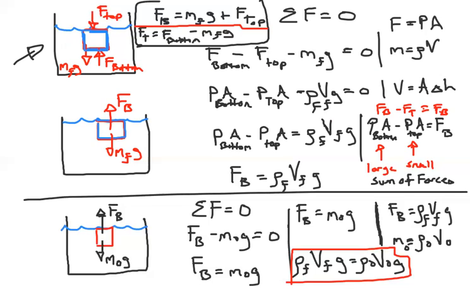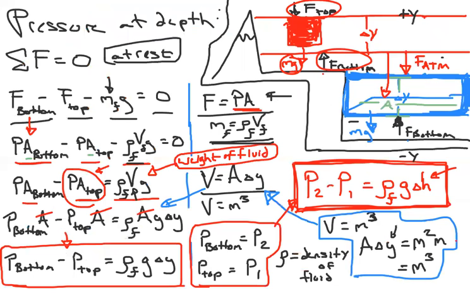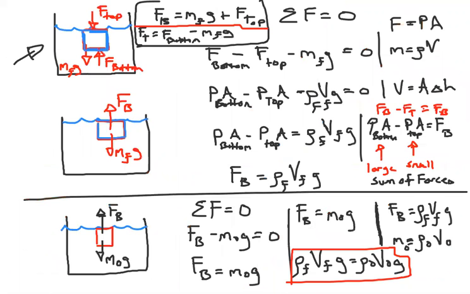Well, we've already kind of talked about this situation when we were talking about pressures at a certain depth, right? We were talking about these chunks of fluid with a certain area. So that's the same thing that we're doing here. This is just a chunk of fluid that has a certain area or essentially a certain volume, right?